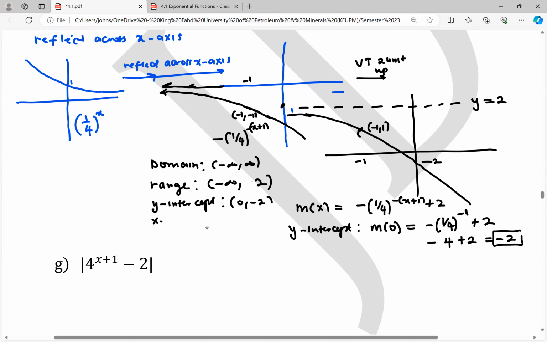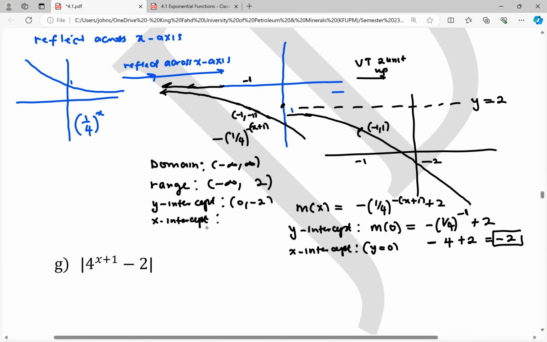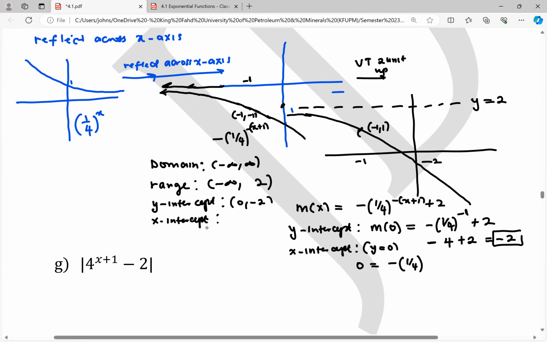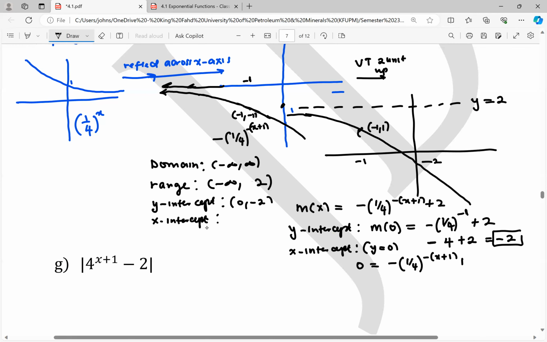So what is our x-intercept? How do you find the x-intercept? For the x-intercept, you put y equals 0. And that simply means you have 0 equals minus 1 over 4 to the power minus x plus 1, plus 2.